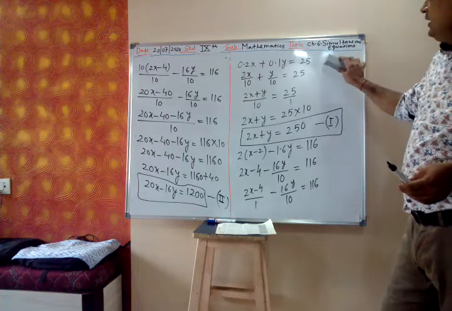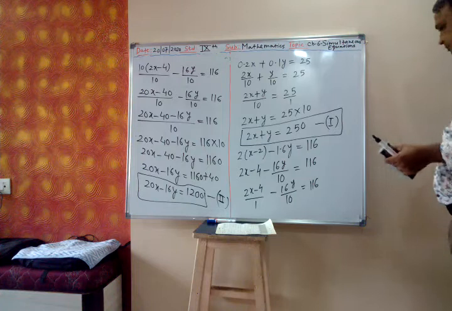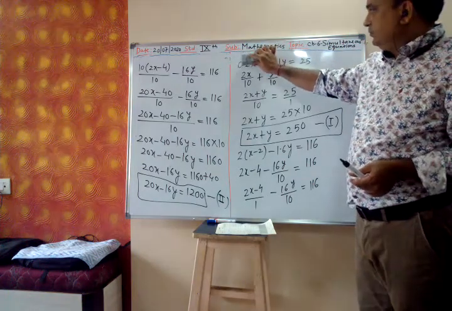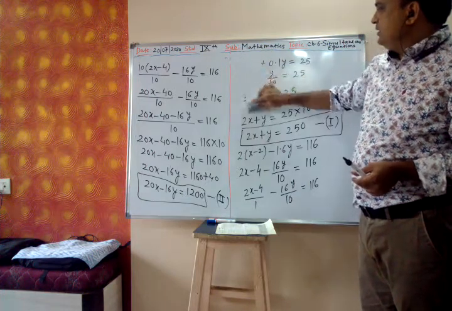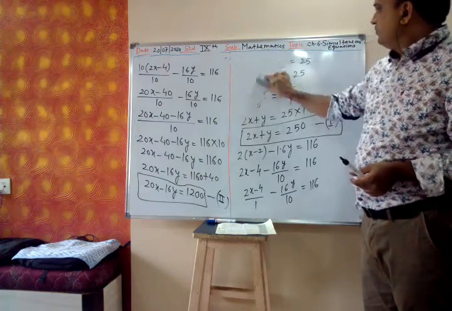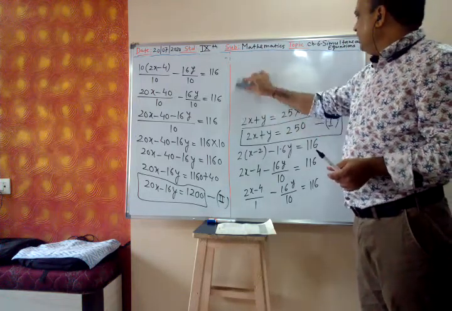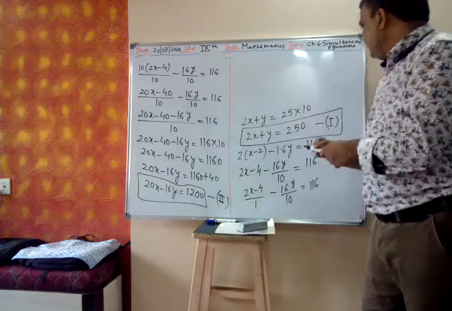Now I will apply the elimination by substitution method. So from equation 1 I will eliminate either x or y, any one. I will write 1 and 2 together.